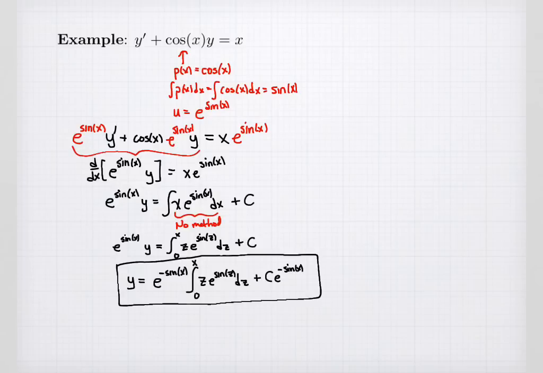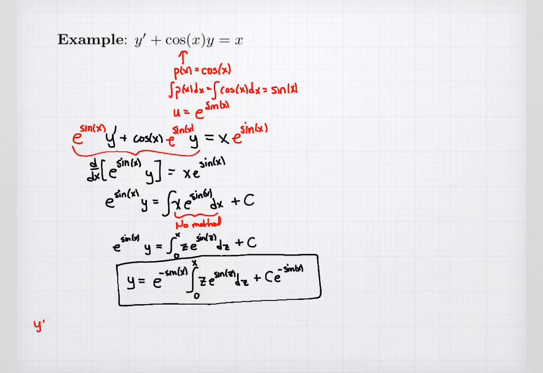Now if I had an initial condition, I didn't in this example, I would want to pick this starting point to match the value of the initial condition, because then when I evaluated y at, say, x equals 0, this integral is 0, and so I don't have to worry about that term. So let me illustrate that.